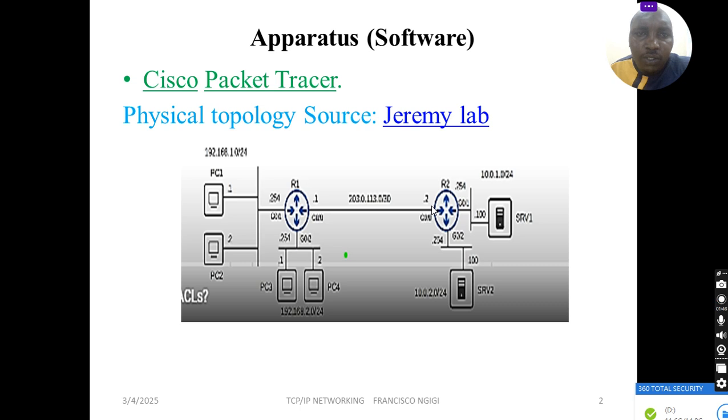I have this topology from Jeremy's lab. I acknowledge his work as far as ACLs are concerned. So allow me to take you through this topology. On this end, we have a network 192.168.1.0 with a prefix of /24, and you have PC1 and PC2.